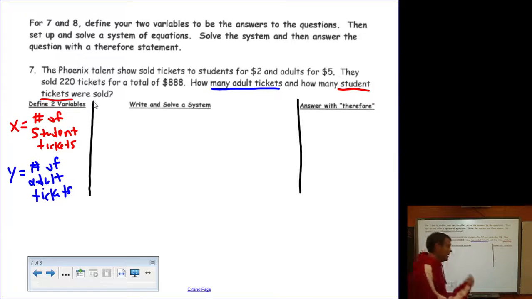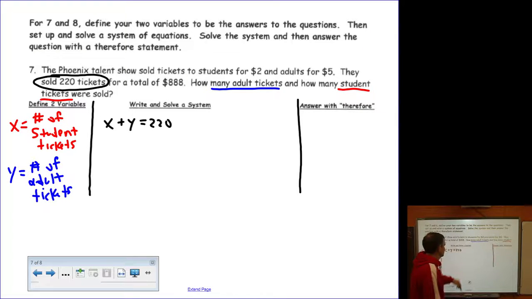Alright, I'm ready to write an equation then, and my equation is going to involve, first of all, the fact that they sold 220 tickets. That means if I add together the number of student tickets, that'd be x, plus the number of adult tickets, that's going to add up to the total number of tickets, 220. My other equation is going to deal with the cost.